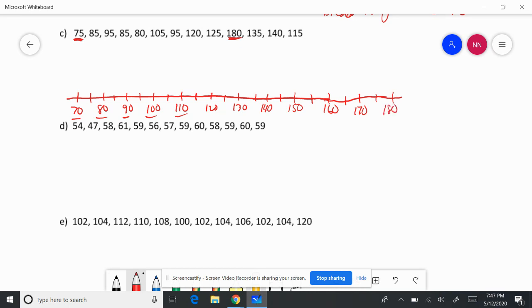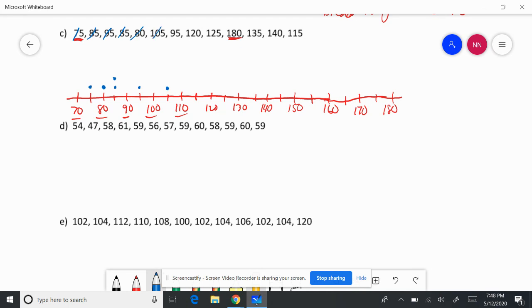So now, remember, we could either put dots or X's. I personally like the dots. So 75, 85, 95, 85 again, 80. I have 105.